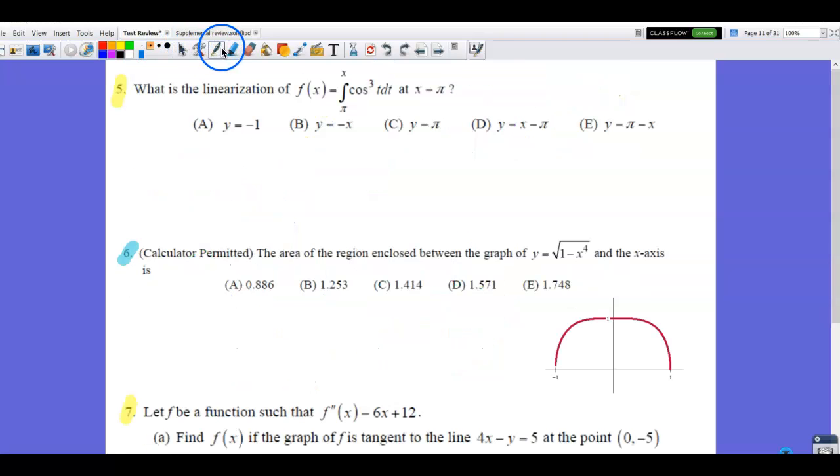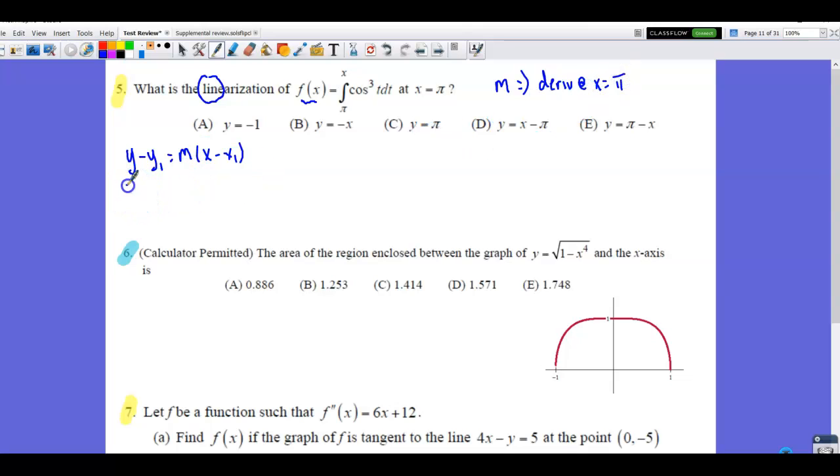Problem number 5. Let's read carefully. What is the linearization of f of x? There's the root word line, so I know I'm writing the equation of a line. That guides my thinking. To write the equation of a line, I need slope, which is derivative at x equal to pi.